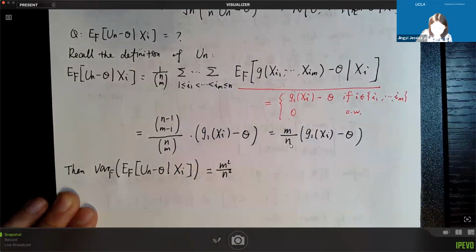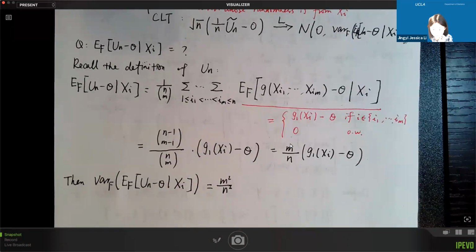And let me see if I'm right. Expectation of that minus theta. Yep, I think everything is right for n.